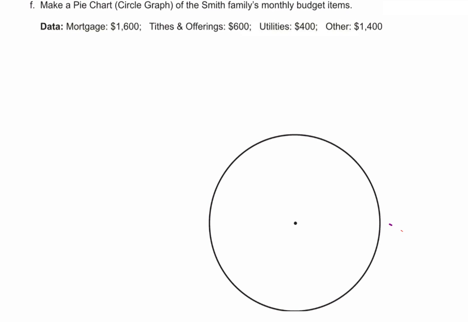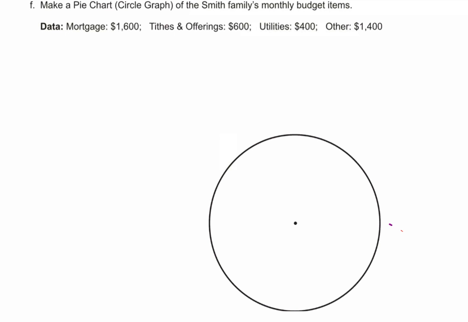So make a circle graph of the Smith family monthly budget items. Now, I've already taken the liberty to mark the center of the circle and give you a circle. What I like to do right off the bat is write the title, otherwise I'll forget. Again, you have to have enough words. This is Smith family monthly budget.